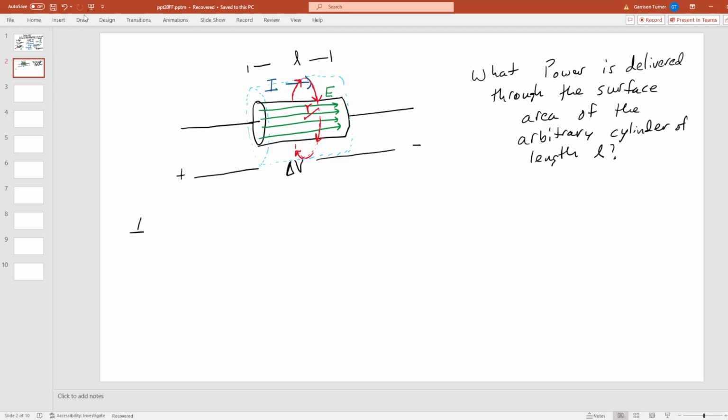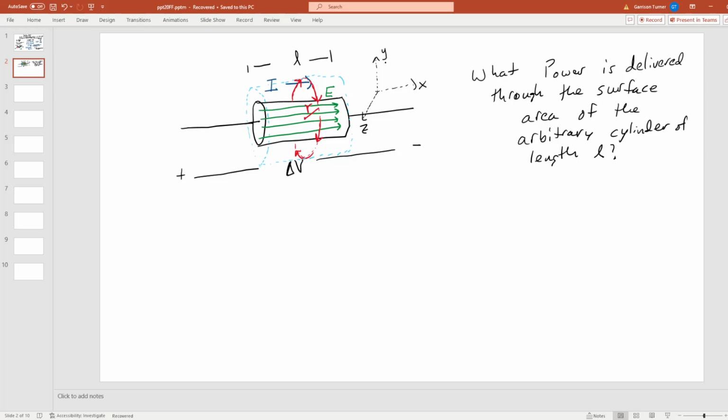Let's do it this way. Let's orient a coordinate system such that this is the x-axis, Z is out of the page, and Y is up.